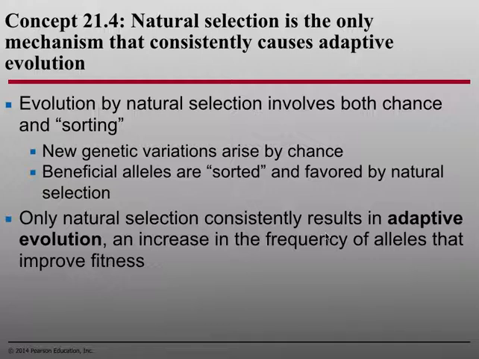Only natural selection consistently results in adaptive evolution, which is an increase in the frequency of alleles that improve fitness. They help the animal. It's still random because those new genetic variations arise only by chance, but once they're there, they improve fitness, which causes them to improve the entire population.